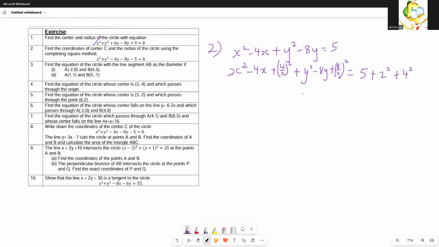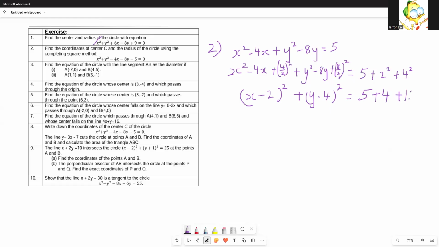Very quickly, let's complete the squares. That will be (x minus 2) squared plus (y minus 4) squared. And now for the right side, this is going to be 5 plus 4 plus 16.